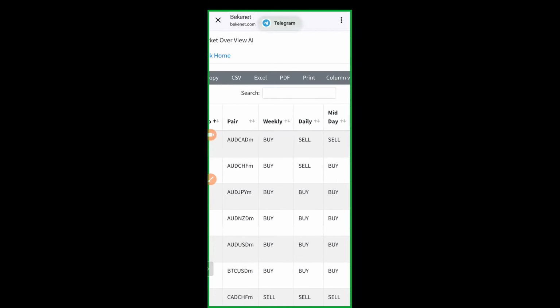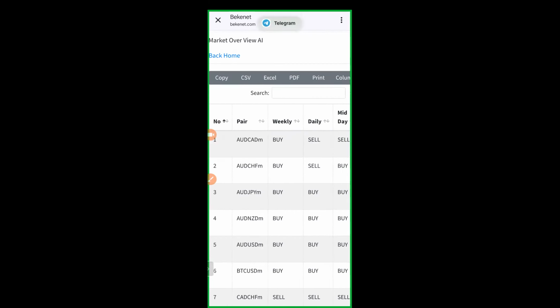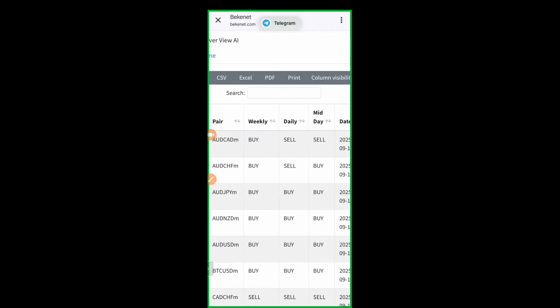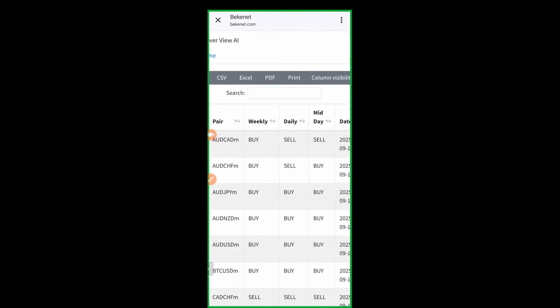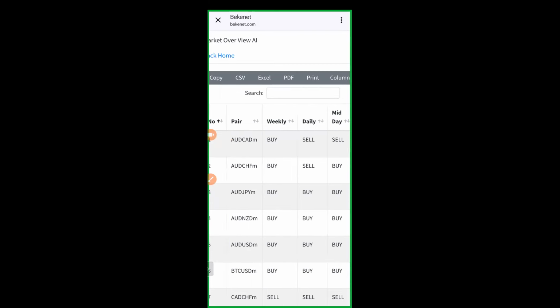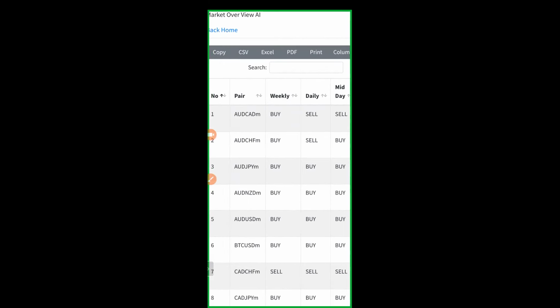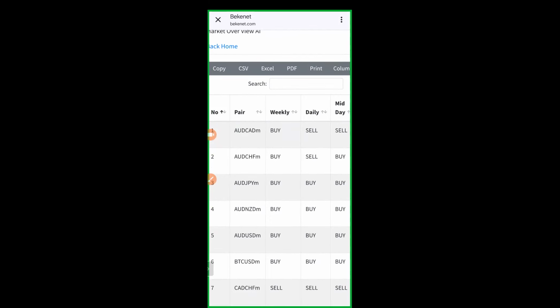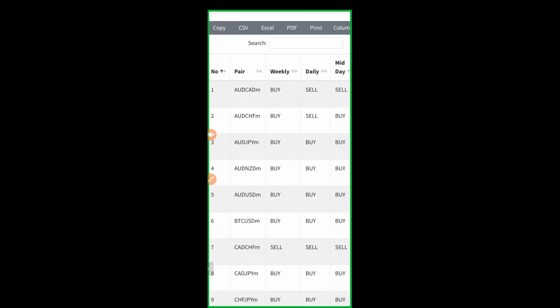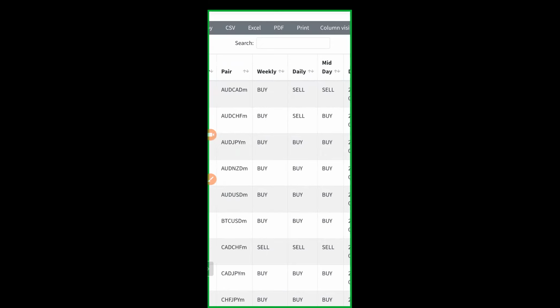On weekly, this AUD CAD is buy, but daily is sell, and the mid-day is sell. Now, it's fine, so you could sell, but I'm just telling you that a point will come when the sell will be over. Maybe the sell is just a temporary sell. Then if you see AUD CHF, the same style.